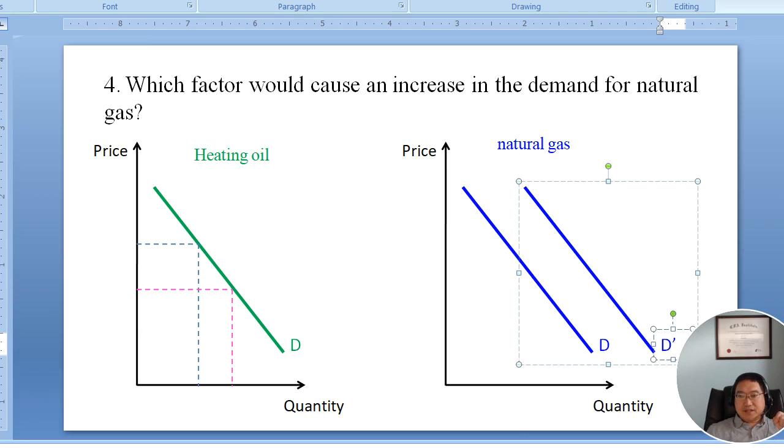If it's a decrease in the price of heating oil, the substitute is cheaper. You don't need to buy natural gas. Heating oil is a cheaper way to heat your home in the winter. So what's going to happen? The demand curve actually goes to the left. It will be a decrease in the demand.